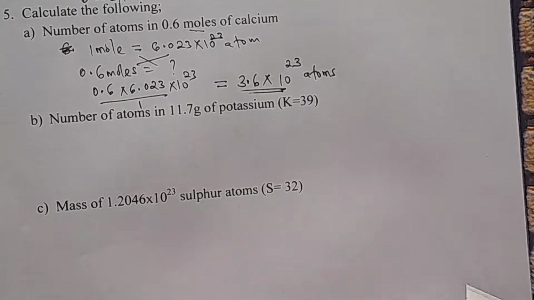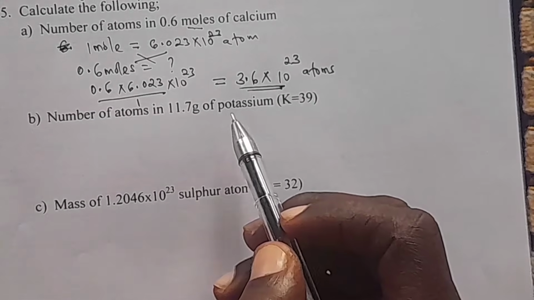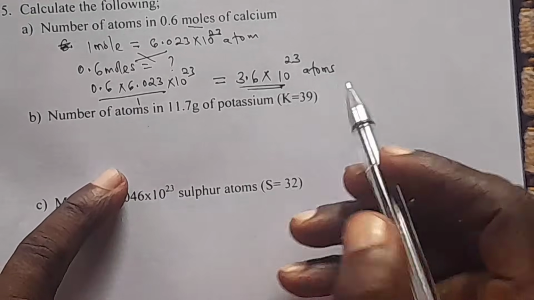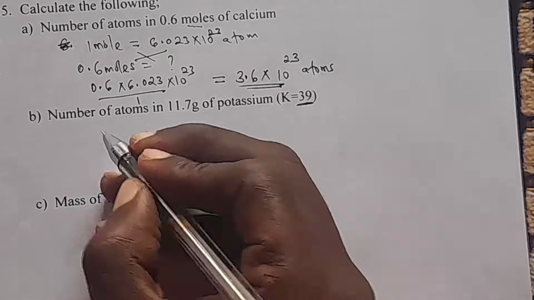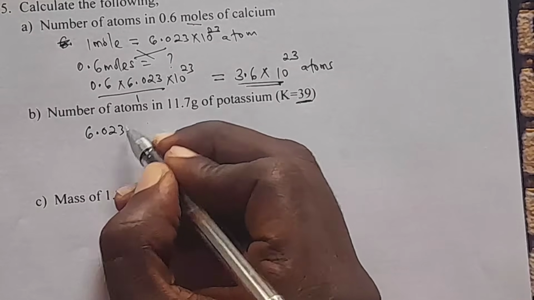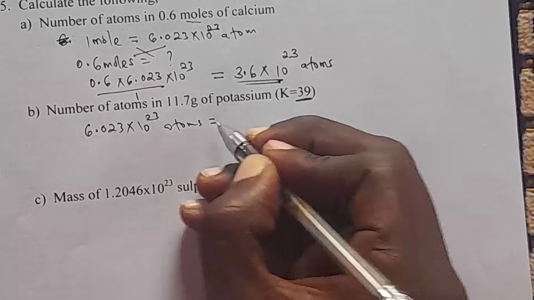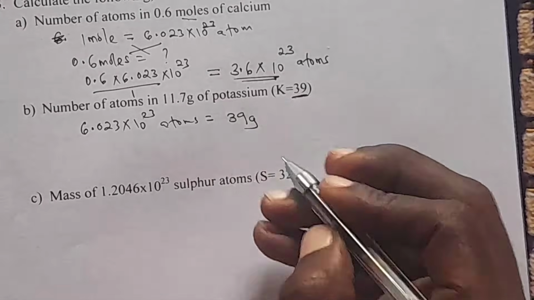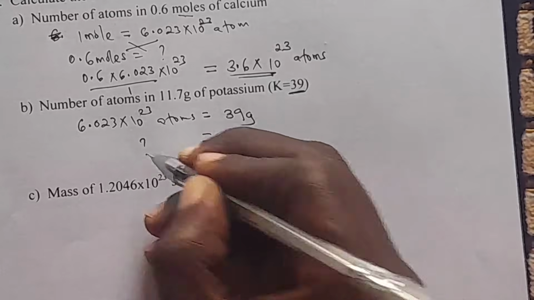Next we are told again the number of atoms in 11.7 grams of potassium. So the relationship here is we are told number of atoms, and here we have molar mass. So 6.023 times 10 power 23 number of atoms will be equal to the molar mass, which is 39 grams. If they have given us now 11.7 grams of potassium, what will be the number of atoms there?